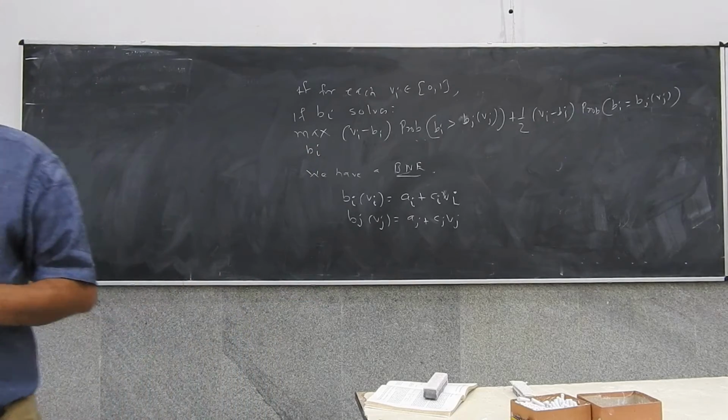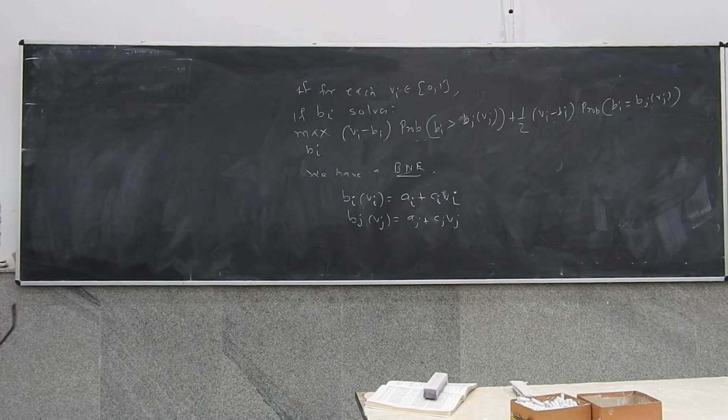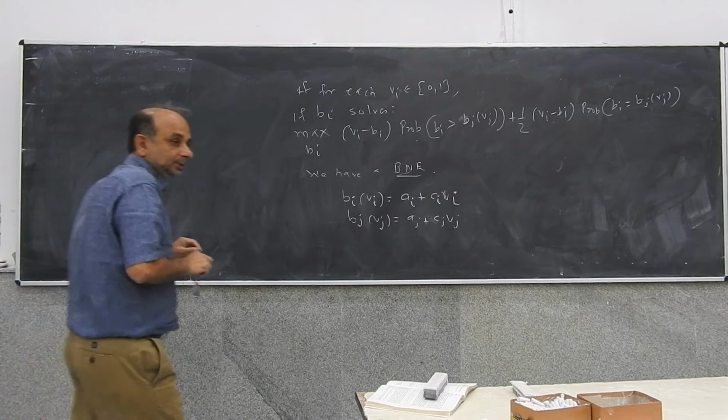These are called linear strategies. And we look for Nash equilibria in linear strategies. Is this clear?